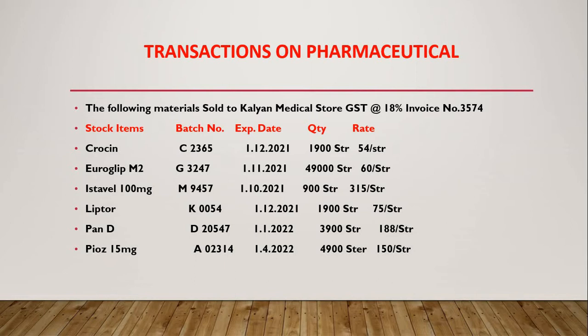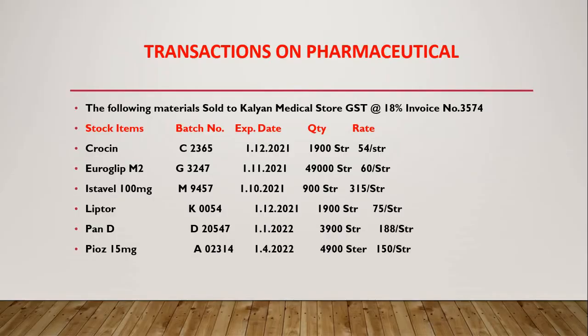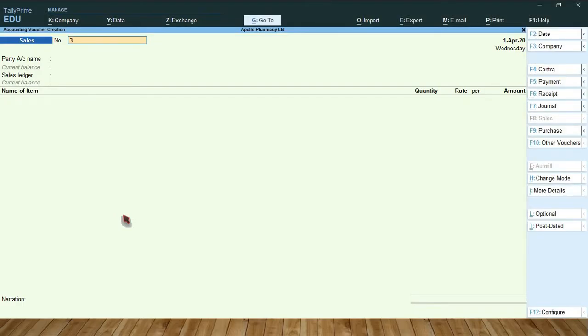sales transaction. The following materials sold to Kalyan Medical Store, GST at 18%, invoice number 3574. So press F8, type invoice number 3574.